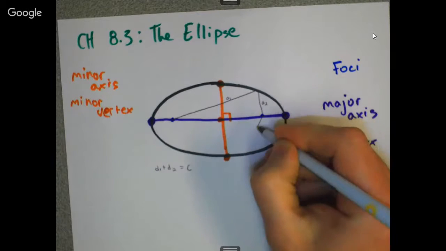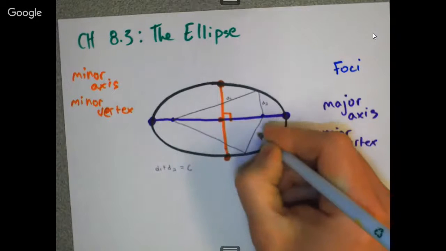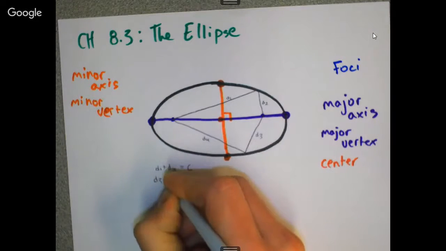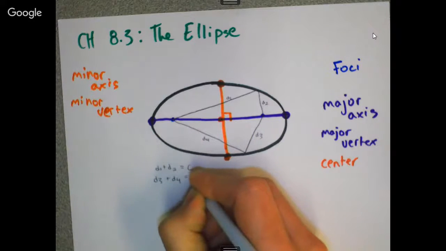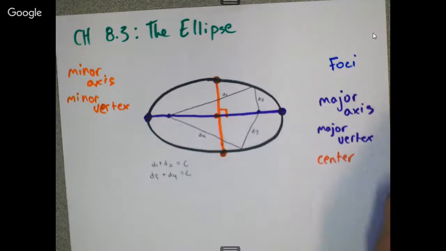And you can go anywhere on this ellipse and add those together. So this is D3, D4. If I take D3 plus D4, I get the same constant. I just get however long that is.